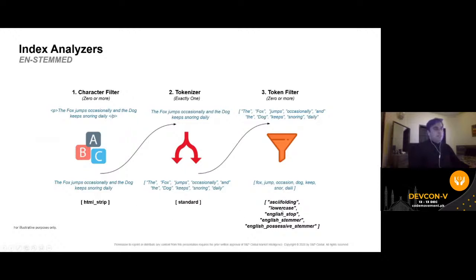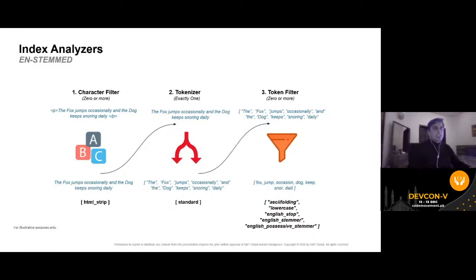Coming to the stemming, this is another analyzer where, in addition to ASCII folding, lowercase, and English stop word, if you look at the list of the token filters, we have defined two additional token filters: English stemmer and English possessive stemmer. What the stemmer does, as the name suggests, is stemming of the words.